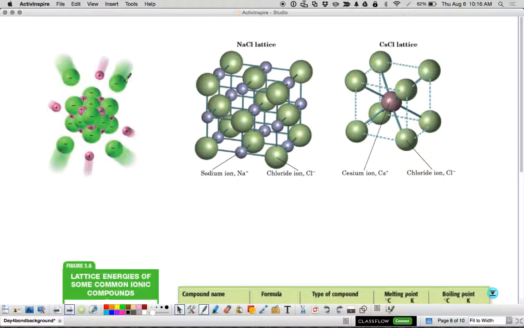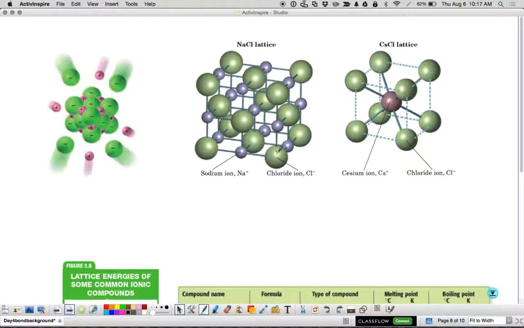Okay, so the positively charged ions and negatively charged ions arrange themselves in a uniform pattern in order to maximize the positive-negative interactions, so like the plus minus interaction, and minimize the bad interactions like plus plus or minus minus.